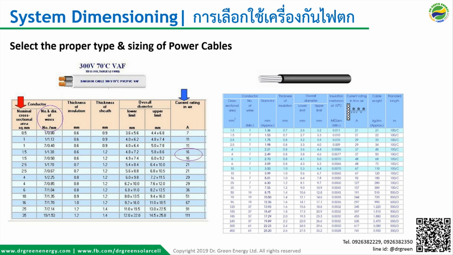Once you know the value of the current of your system, you can choose the right size of the power cables. We have to choose the right type of power cable, and we also need to choose the proper sizing for the power cable as well.